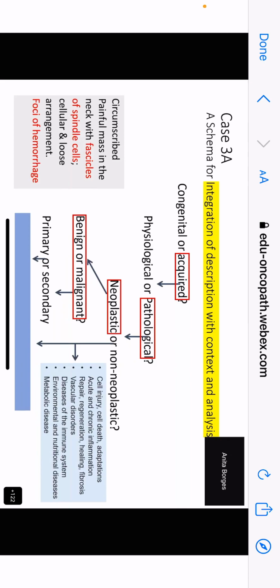I actually didn't describe it, ma'am. It was a cellular and loose area. Yes, so? I'm sorry, Vimi, but how did you reach the diagnosis of a schwannoma? The same way that I described it, right? So have I described this wrong? No, ma'am. You saw what I saw, and yet your observations and your description were different from what I described.